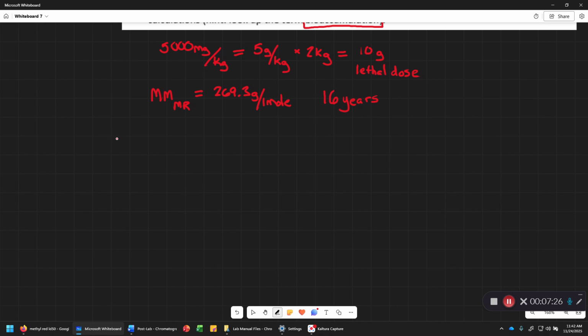And so the first calculation is how much methyl red a fish gets exposed to per day. So exposure per day, and in terms of amount, we're going to quantify it in grams. So essentially what we're going to get here is grams per day.